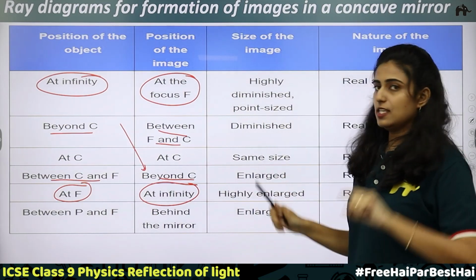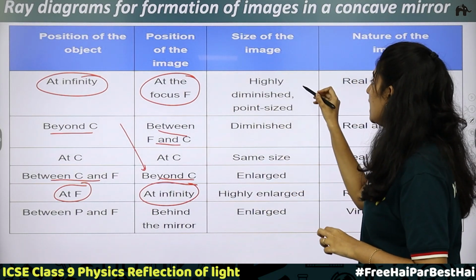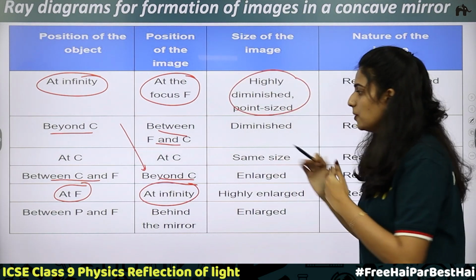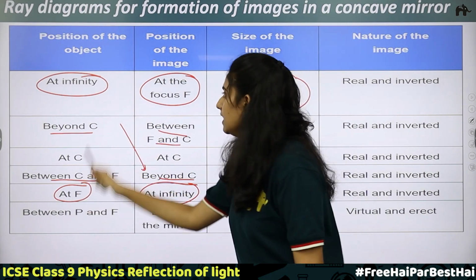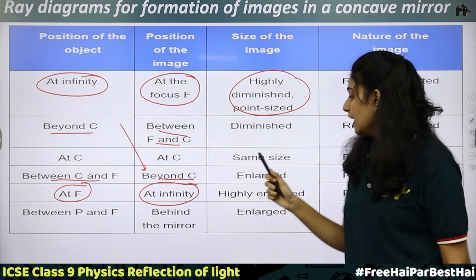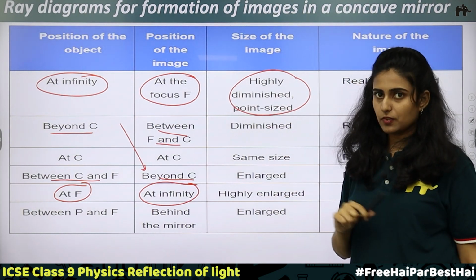First case, when the object is at infinity, what is the property of the image formed? It is highly diminished, a point-sized image. In the just opposite case, where the object is at focus and the image is formed at infinity, if it is highly diminished here, it will be highly enlarged there.